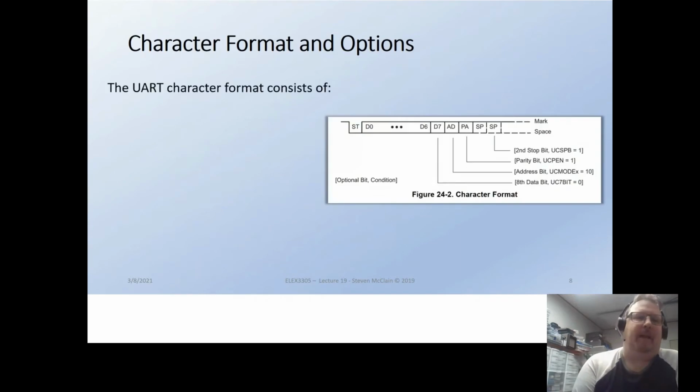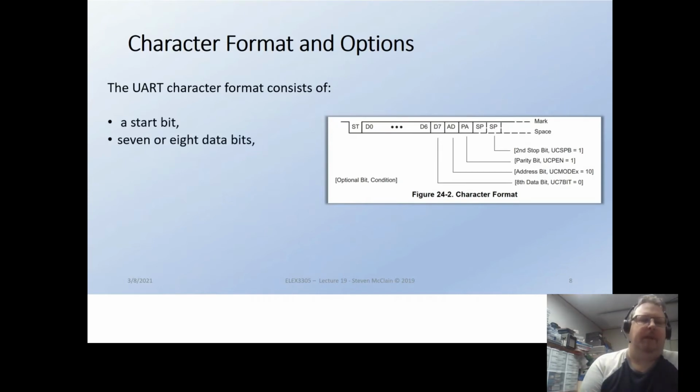Okay, character format and options. This is basically a way of looking at the character format. We've got our start bit, our data. As I said, there was that address mechanism, so you can have an address bit, an optional 8th data bit, and then 1 or 2 stop bits, parity.